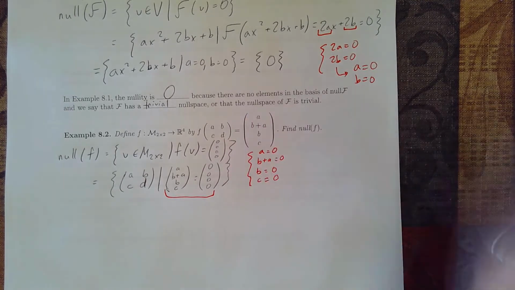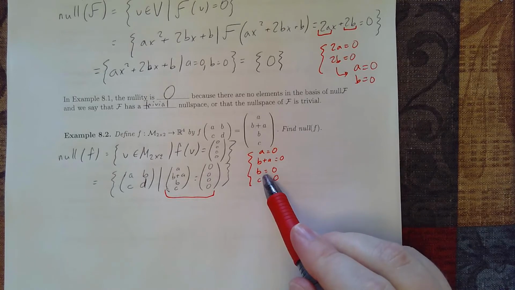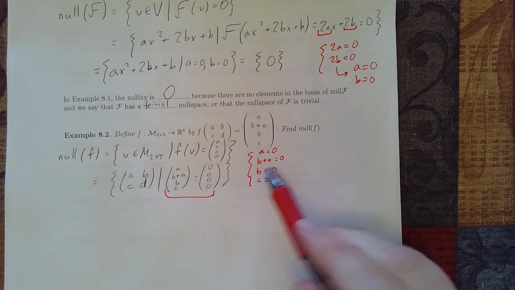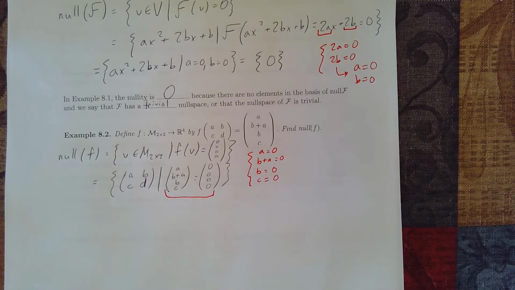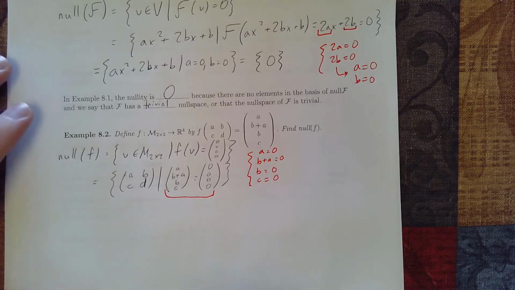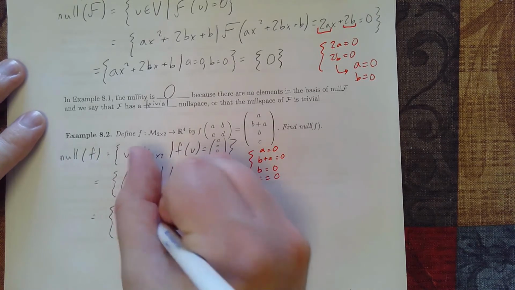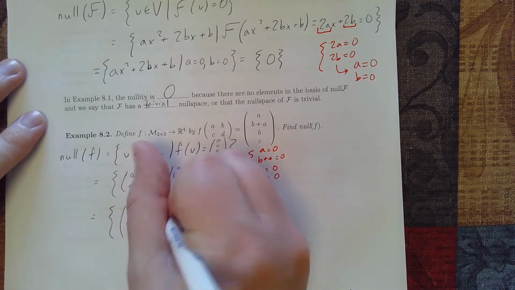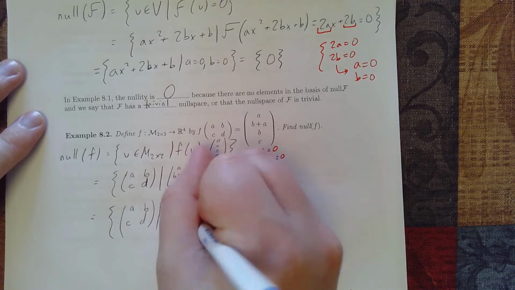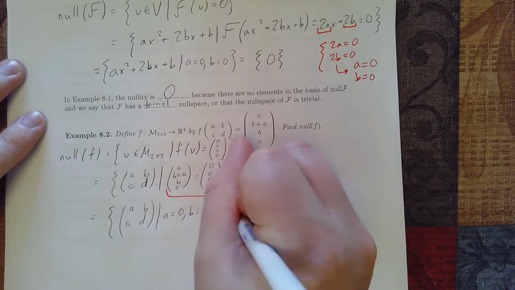There's not really anything to solve for here, because if we have A is 0 and B is 0, then B plus A is definitely 0, and we don't have to worry about having no solution or anything weird happening. And so here we just have the set of all A, B, C, D such that A equals 0, B equals 0, and C equals 0.